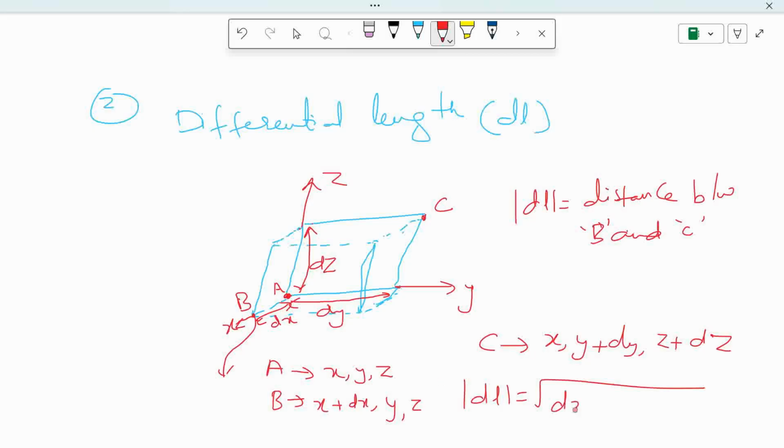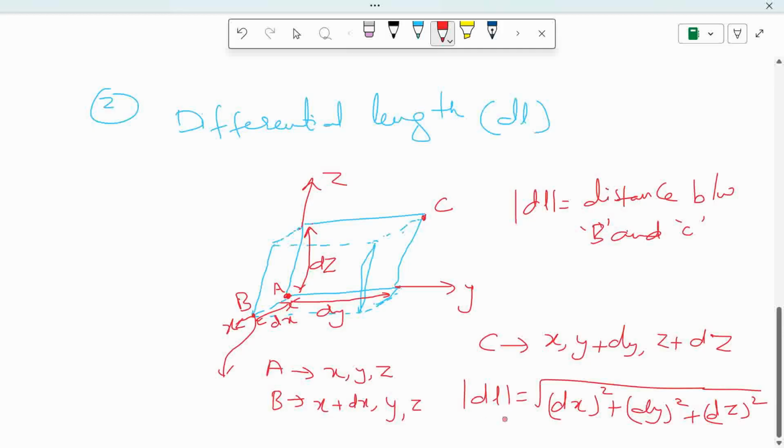So it is dx whole square plus, for y and y plus dy, that will be dy whole square, and plus dz whole square. So this is the magnitude of the differential length here.